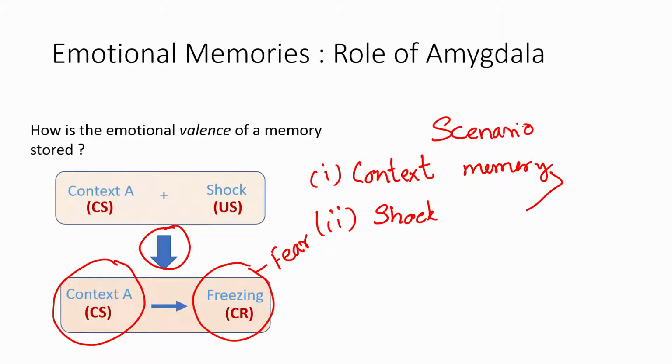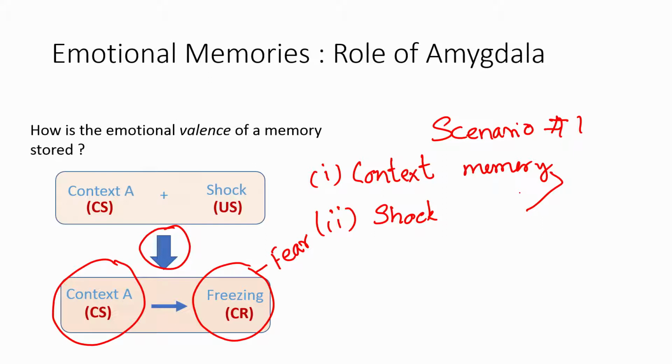Clearly here we are storing the information about the context separately and the value of the shock in a different manner, and then the association per se is the key here. The animal later develops, or all along develops, an association between these two memories.